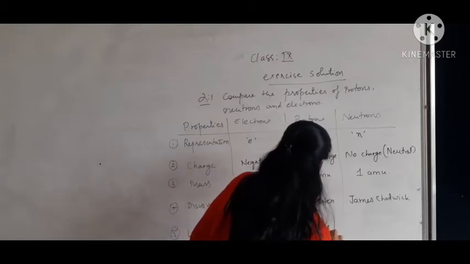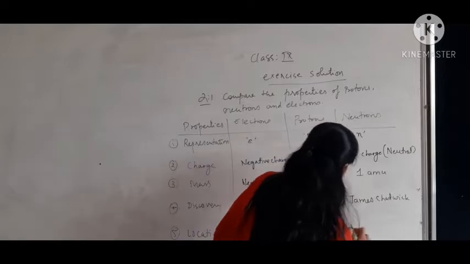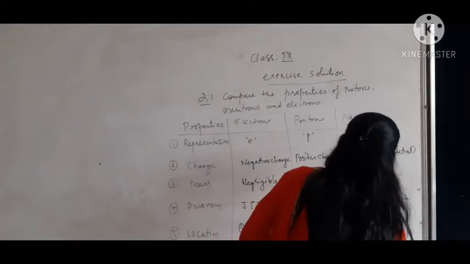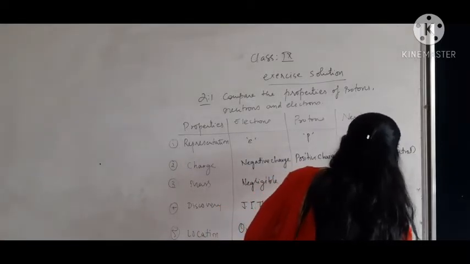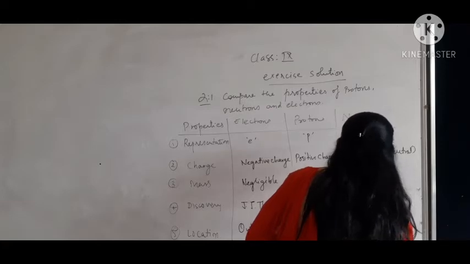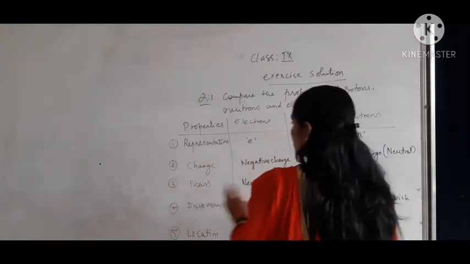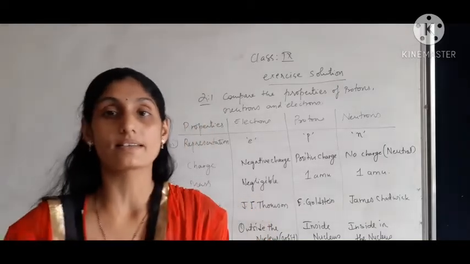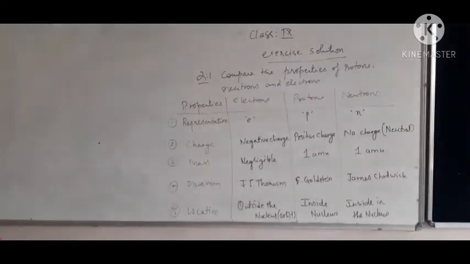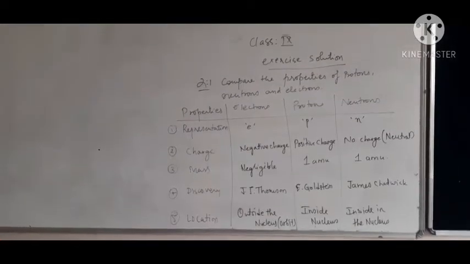Here you can write that they are inside the nucleus. Here protons are also located inside the nucleus. So that is all about the comparison of the three subatomic particles, that is electron, proton and neutron. You can copy it, then we'll move to the next question children.